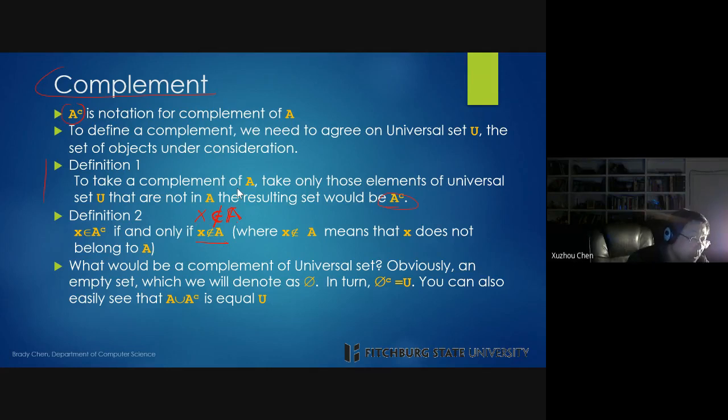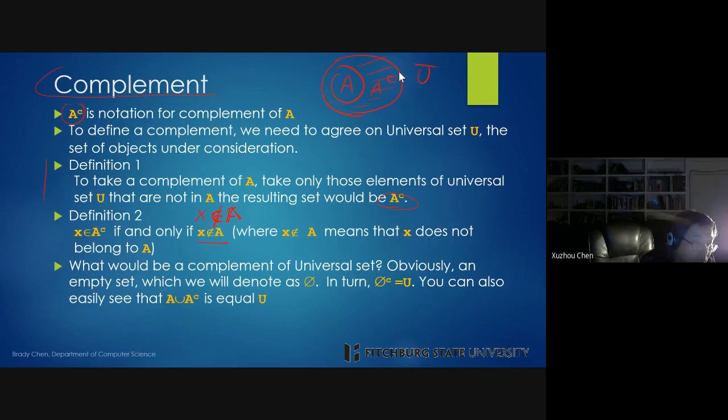Now, if A is a set and U is the universal set, then the rest of the area is the complement of A, right?